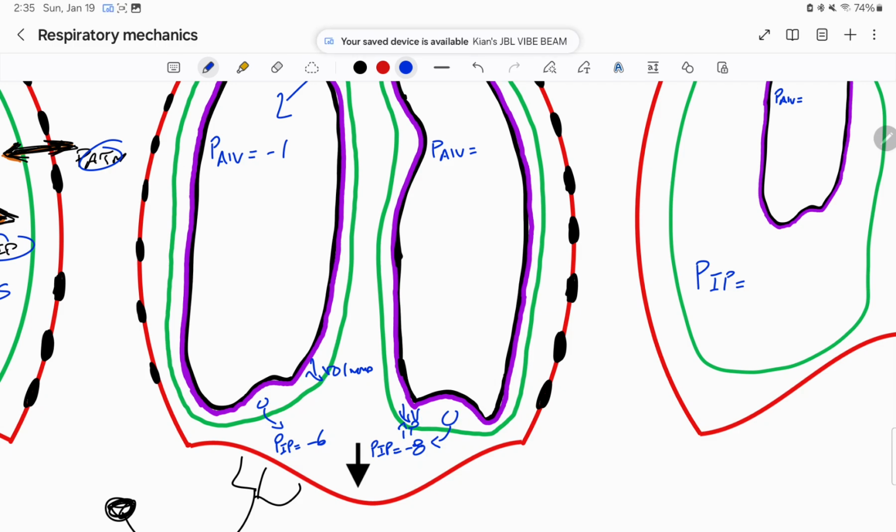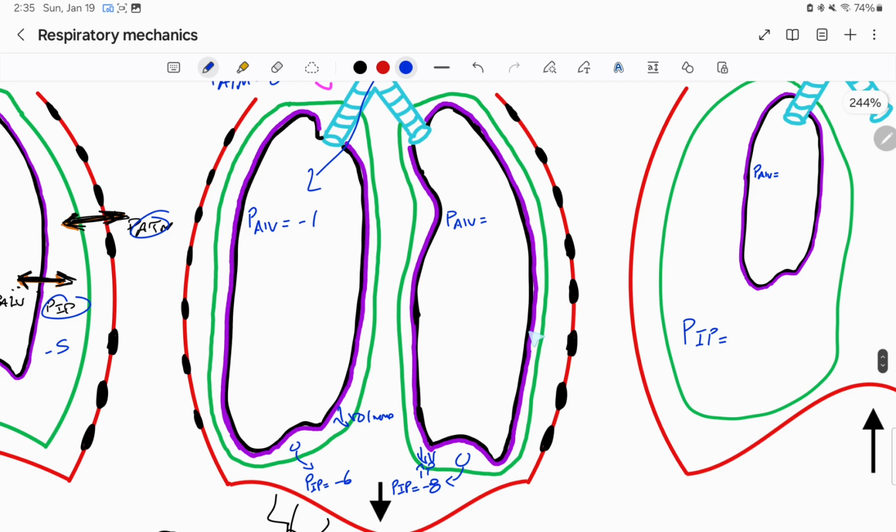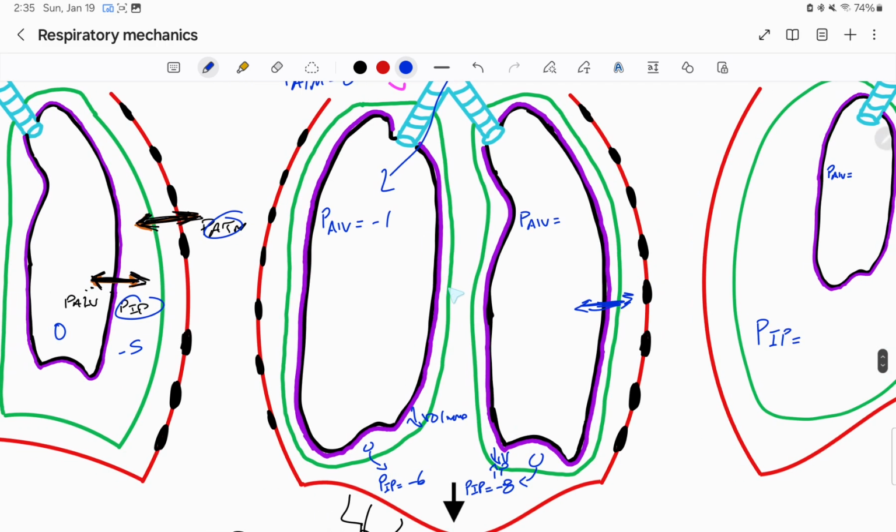okay? All right. And you guys can obviously do the math on that and calculate the transpulmonary pressure, which at the onset of inspiration is going to be about +5. And at the end of inspiration, it's going to be about +8, okay?